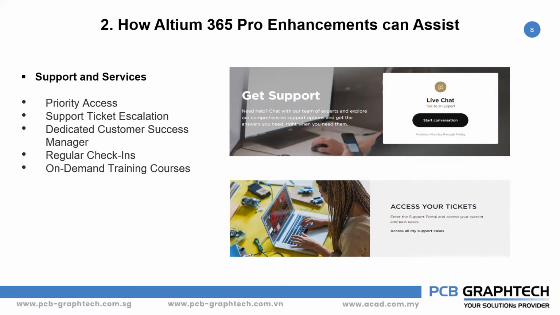Altium will escalate the cases immediately to the customer manager, and they will get back to you with solutions. They will recheck each time whether your problem has been solved or not. This priority access is given to Altium 365 Pro users.